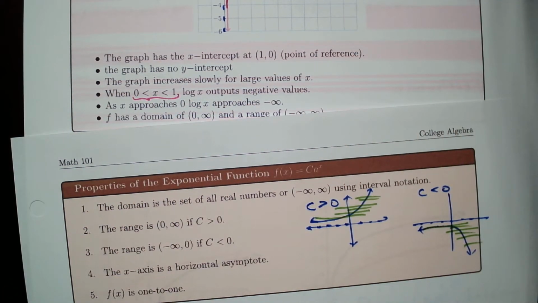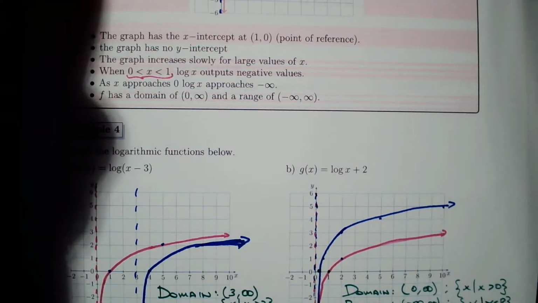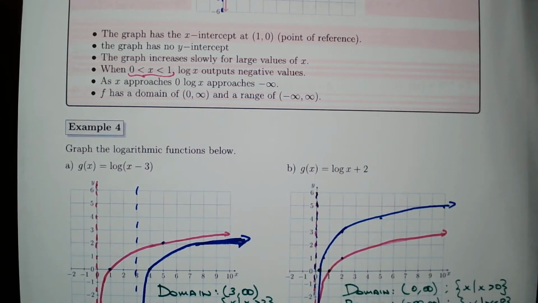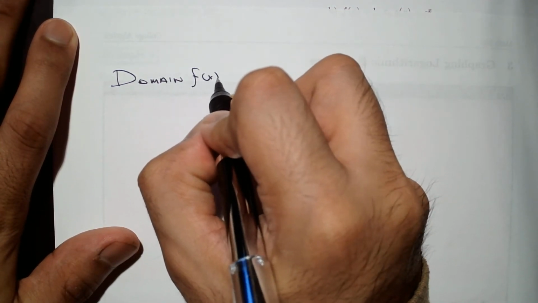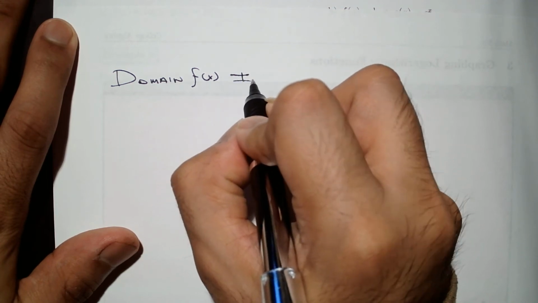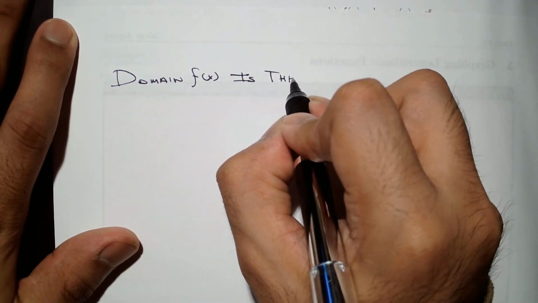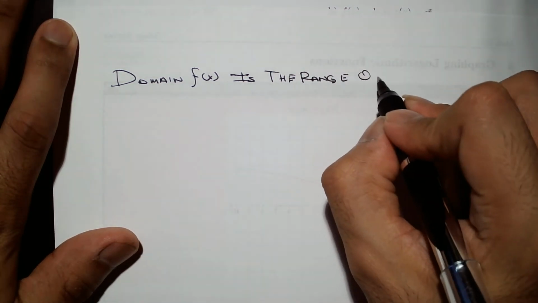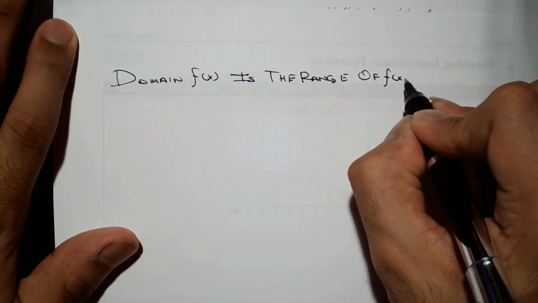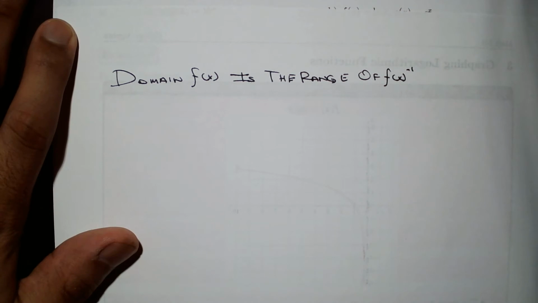See how those two properties are just reversed or interchanged? That's because a function and its inverse share all those properties. So let me go back to the back of this page to write something pretty interesting. When it comes to inverse functions, the domain of f of x is the range of the inverse function, and vice versa.